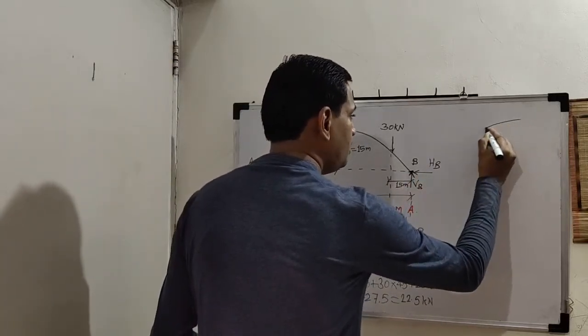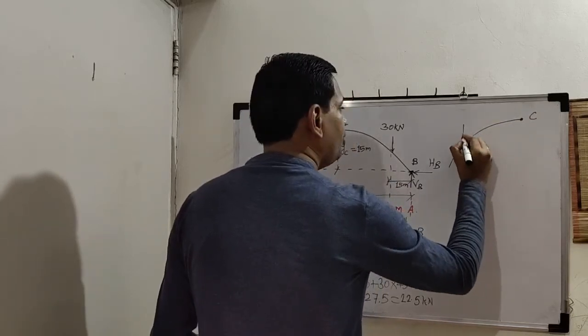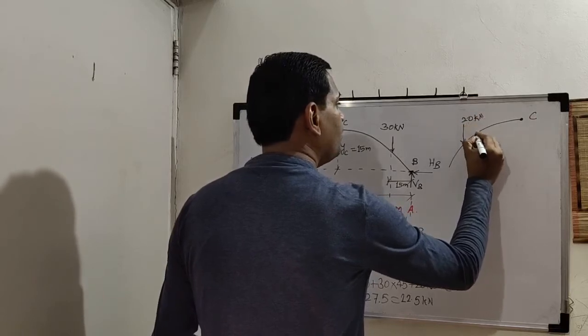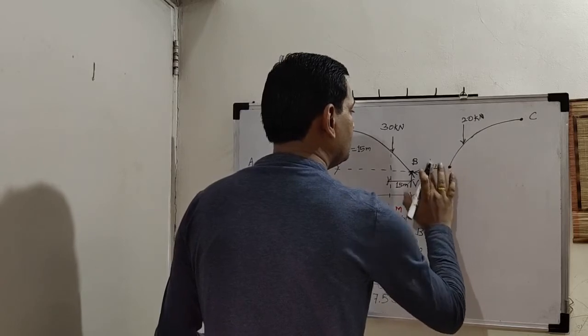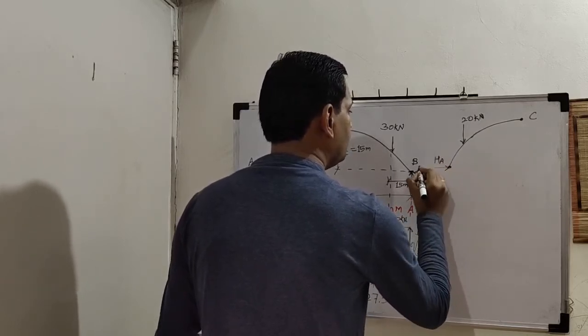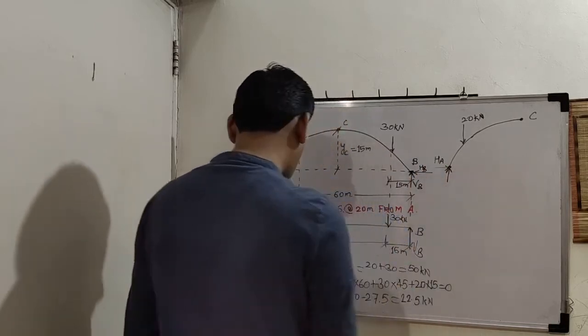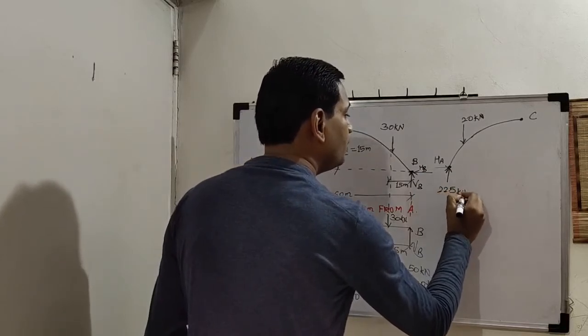So here is C, the 20 kilonewton is at 15 meter from A. So this is HA. This is VA, which is 22.5 kilonewton.